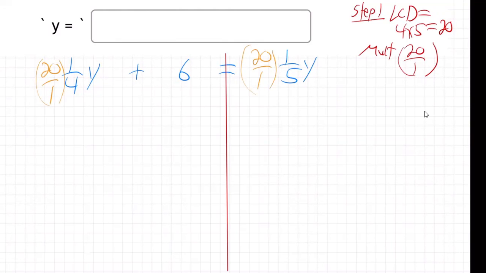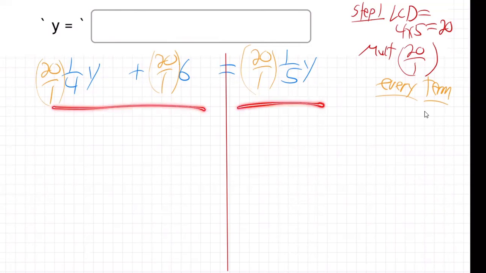Remember, you multiply every term, right? Multiply 20 over 1 to every term. So you got to do it with the 6. So you might say, well, yeah, but the 6 isn't a fraction. Doesn't matter, right? If the left side and the right side are equal and you treat them the same, they'll be equal on the next line.